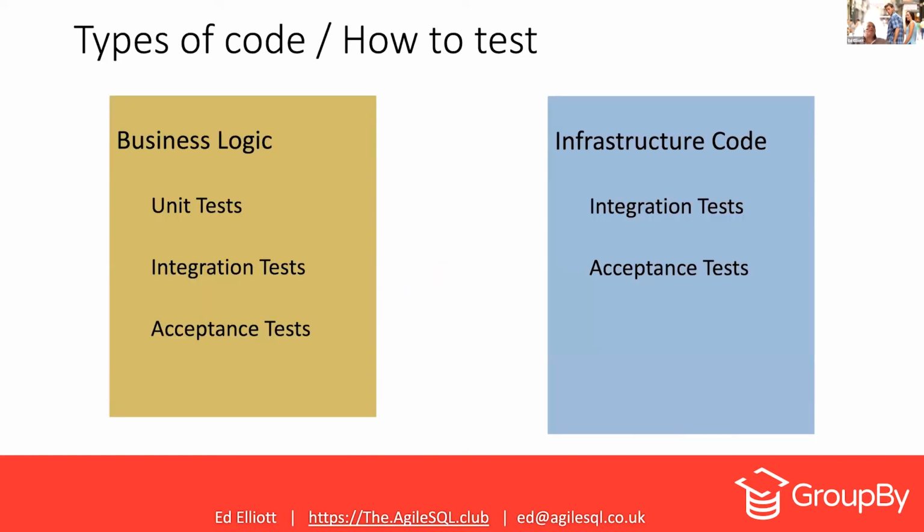So when we look at types of code and how we test them, we've got business logic. If we can pull the business logic out of packages and into some code, then we can write unit tests for it. If we can't, then we can only write integration tests for it, where we set up data, run a process, and verify the data. We can also have acceptance tests for it.